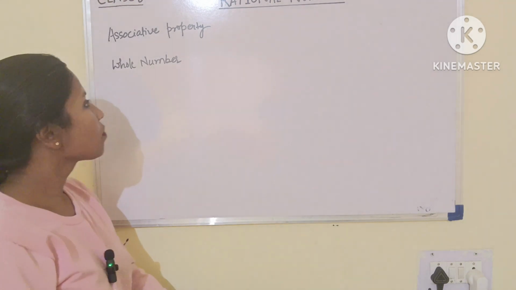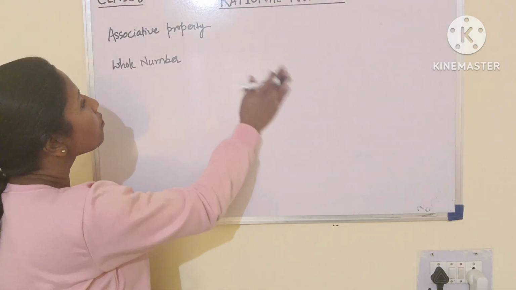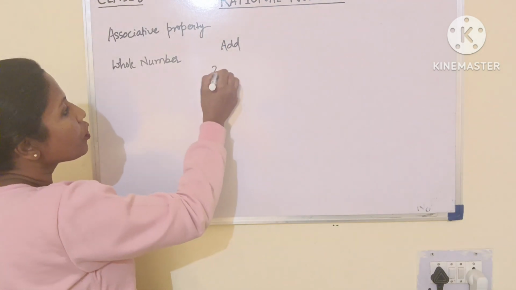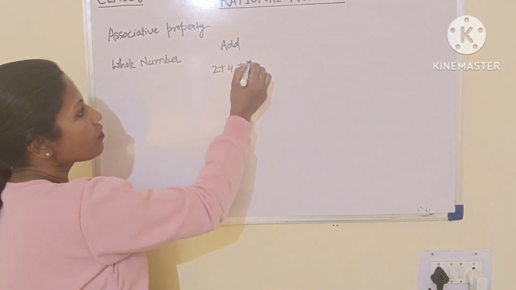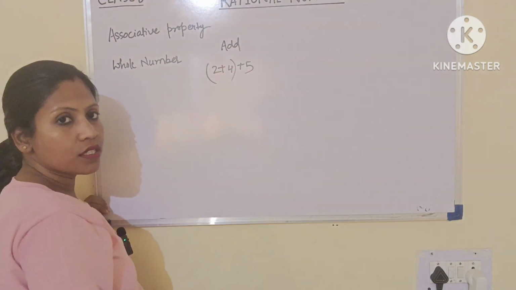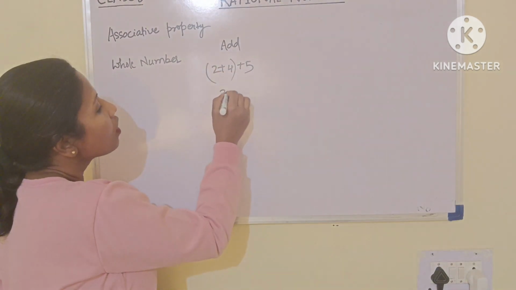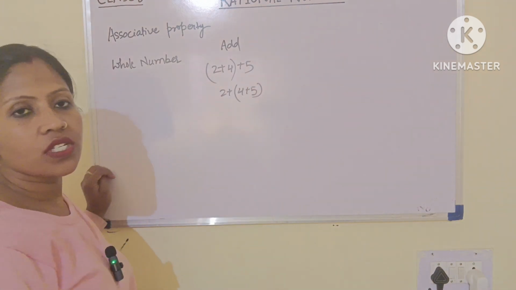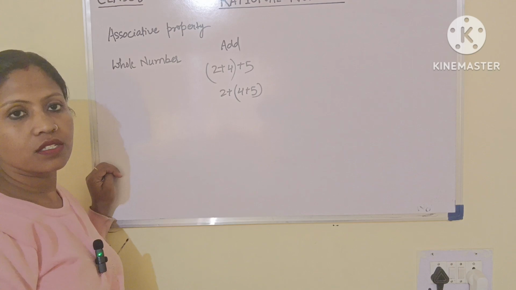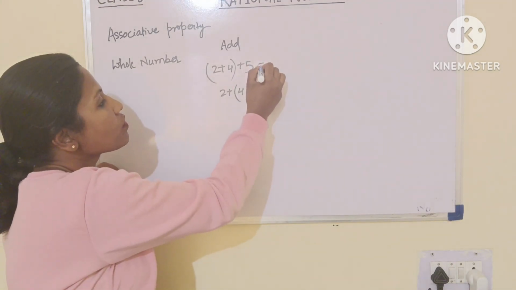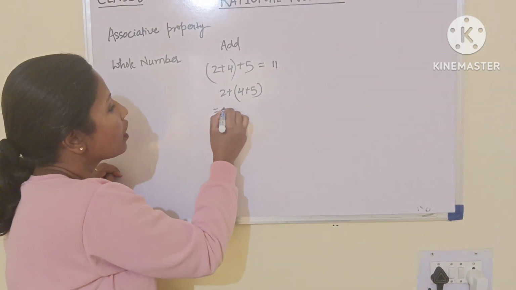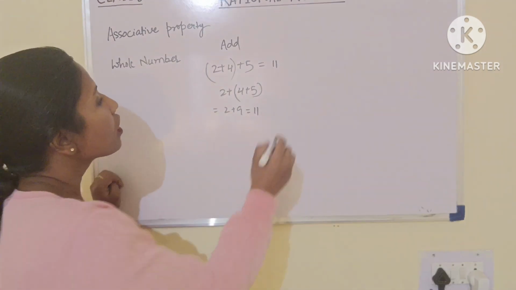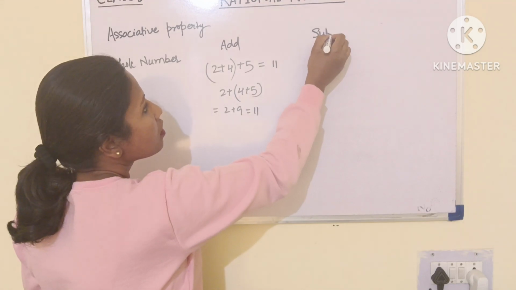Integers you can find the same as whole numbers, right? So let's talk about addition. If 2 plus 4 plus 5, either you add the 2 first or you group with the other numbers. So you have to change the grouping and see whether the result is same or not. Like 2 plus 4, 6 plus 5, 11. And here 2 plus 9, that's 11. This was addition.